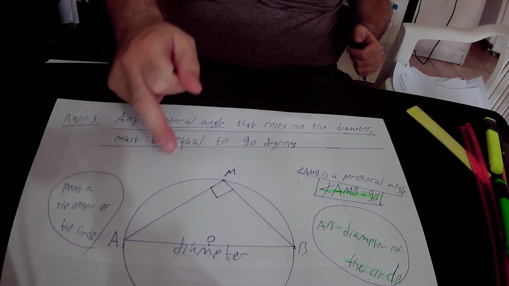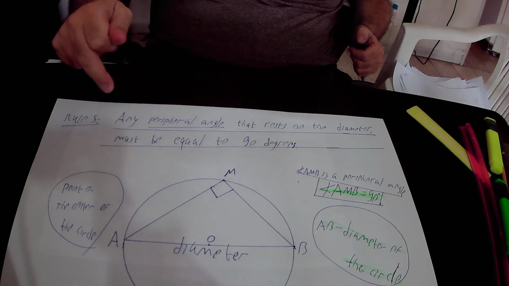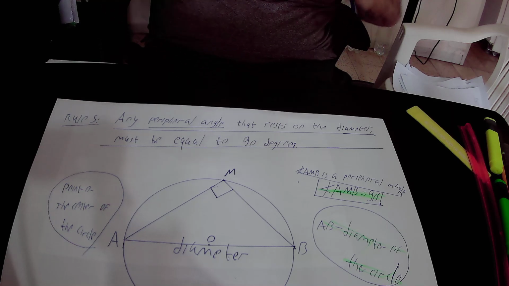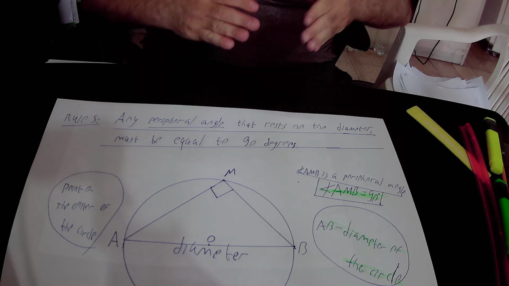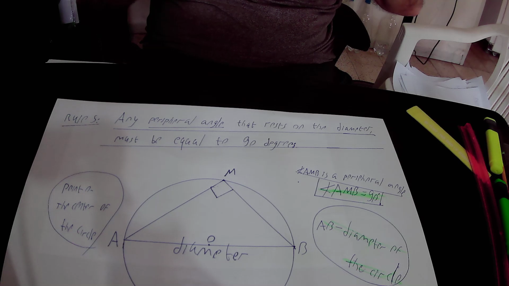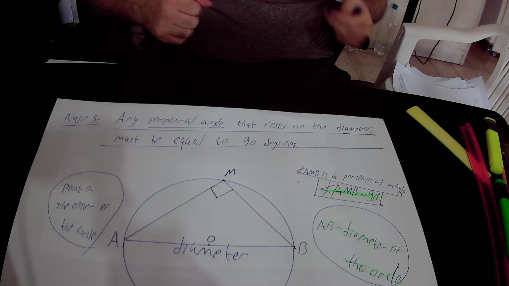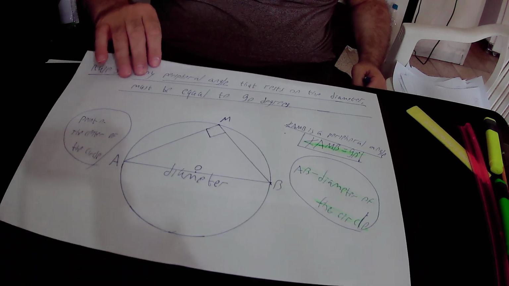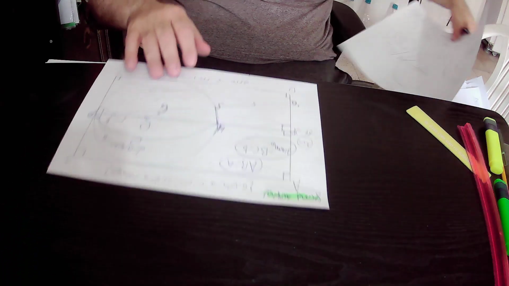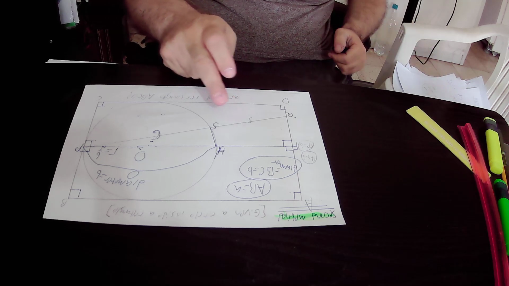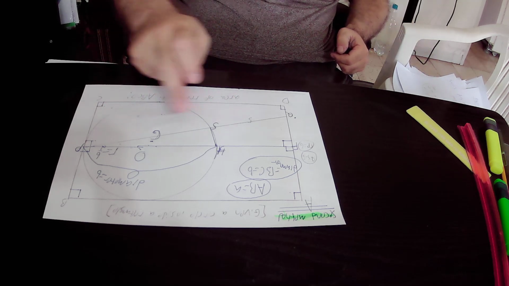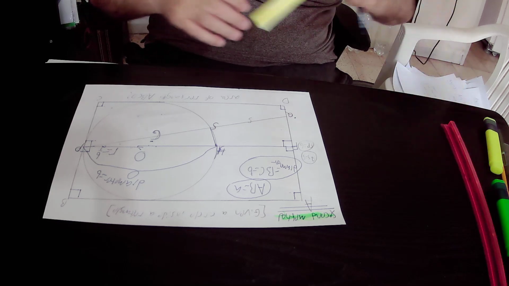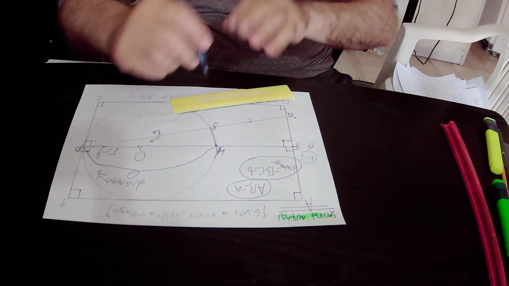And therefore, peripheral angle AMB, according to rule number 5, must be equal to 90 degrees, because any peripheral angle that rests on the diameter of the circle equals 90 degrees. So we actually can implement rule number 5 in our drawing. Why? Because in our drawing we have peripheral angle HSP that rests on HP, that is the diameter of the circle. Therefore, according to rule number 5, it must be equal to 90 degrees.